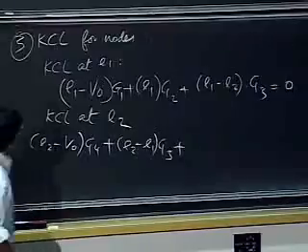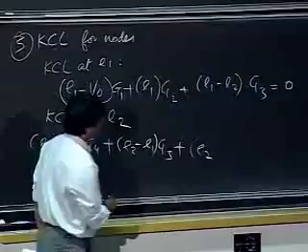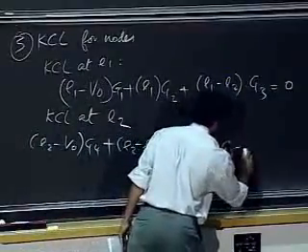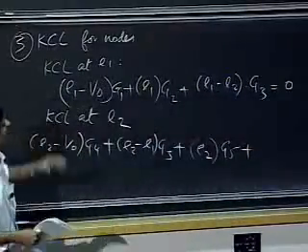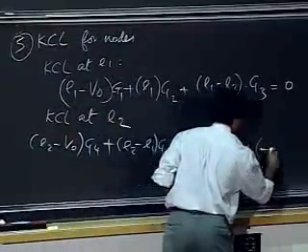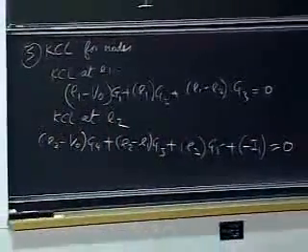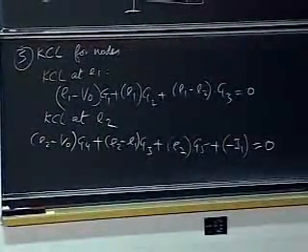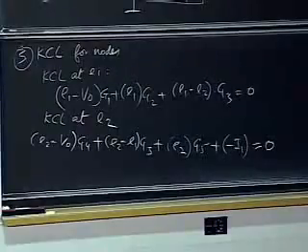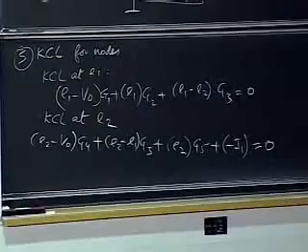The current going down is E2 minus 0 multiplied by G5. And the current going down is minus I1. Okay, you've got to be careful with your polarities here. So all the currents going out sum to 0. And so here are the currents that are going out at this point.